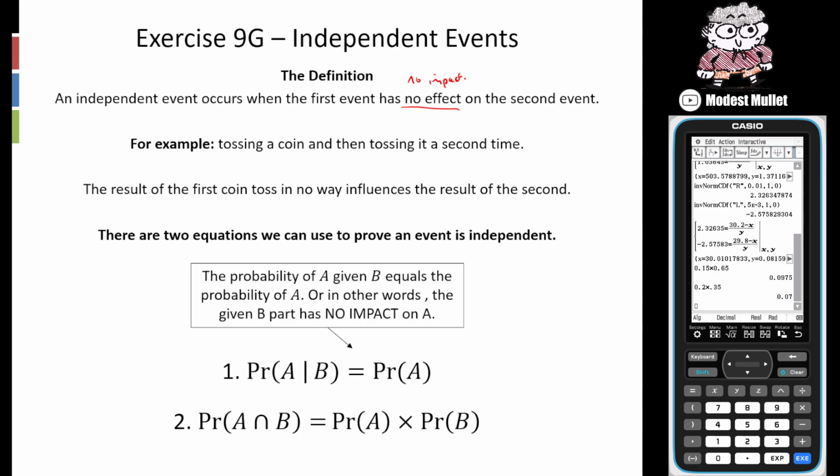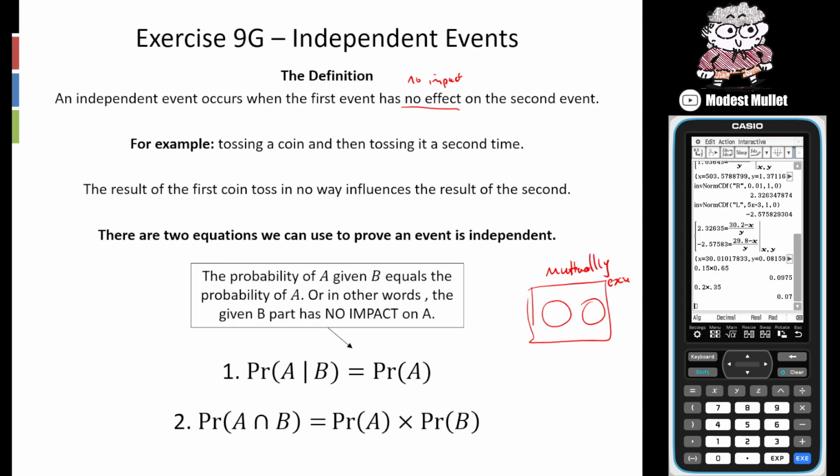The big difference is that people get independent events confused with mutually exclusive. If we look at a Venn diagram, mutually exclusive events have no overlap.